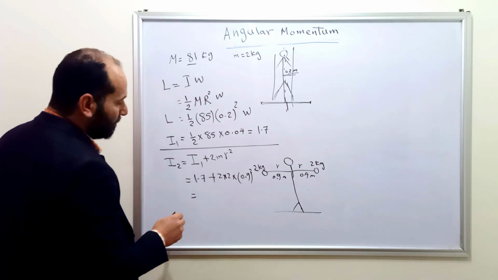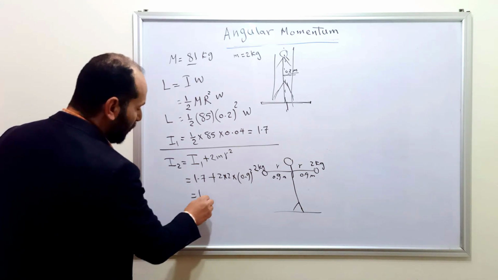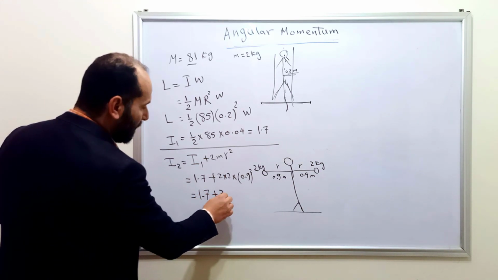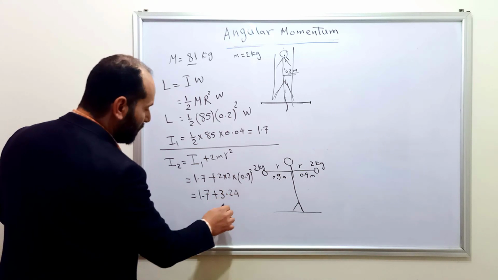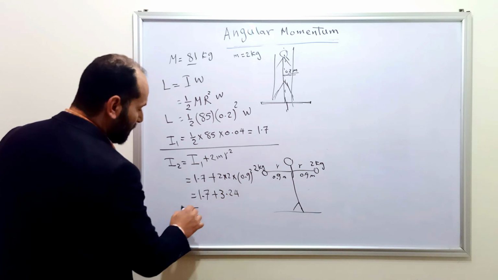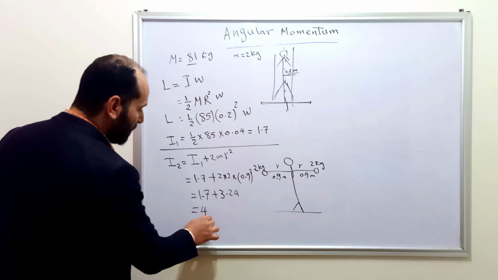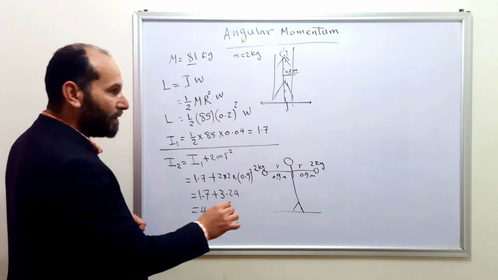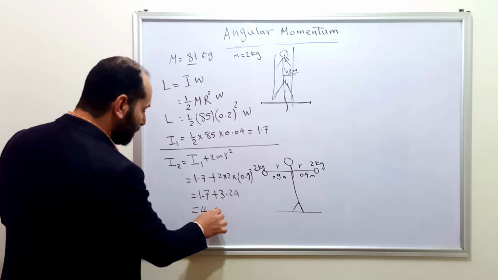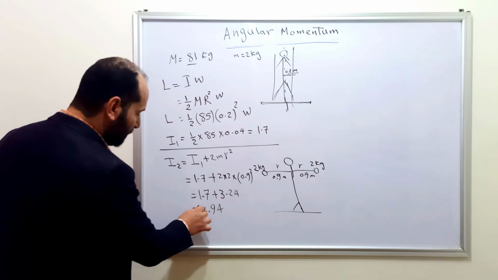This equals about 1.7 plus 3.24. This equals 4.94 approximately.